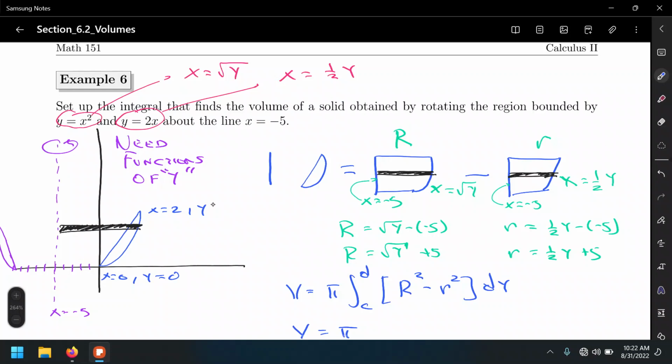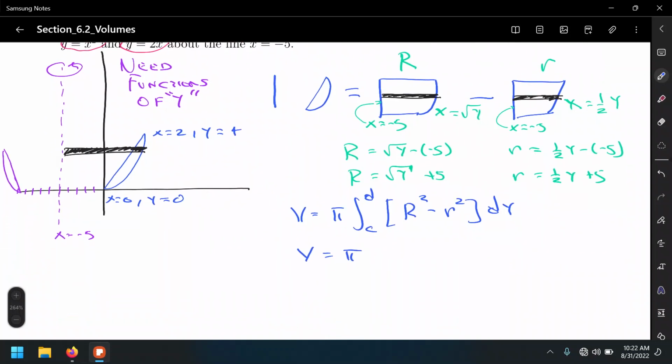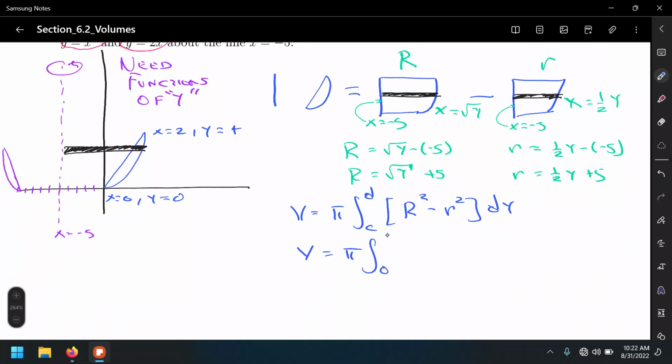Isn't that y equals 4? So the integral is going to go from 0 to 4. Rightmost, or big R, root of y plus 5 squared minus 1/2 y plus 5 squared with respect to y. Okay? So this would be the integral to compute that volume.